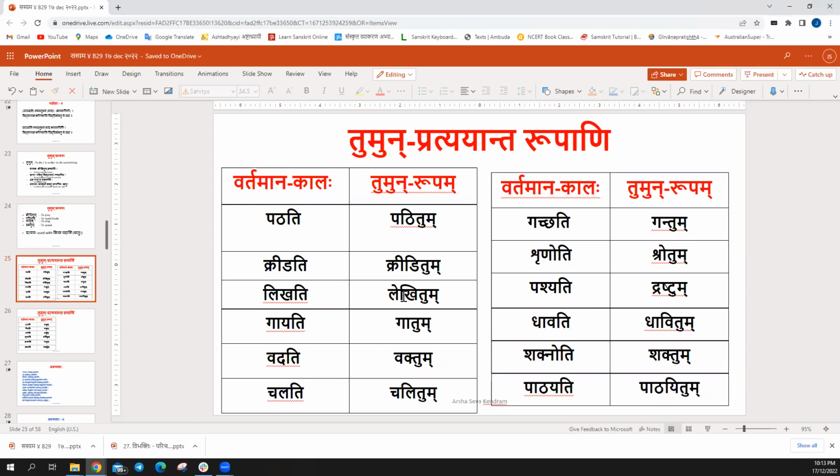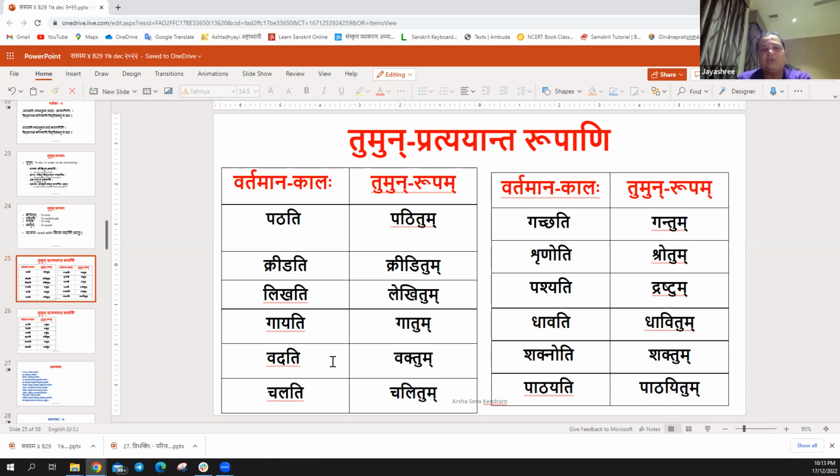So you made a sentence. You can tell everyone now. That's nice. Okay, right. Next, Gayati Gatum. Vadati Vaktum. See that it changes. We need to remember this.